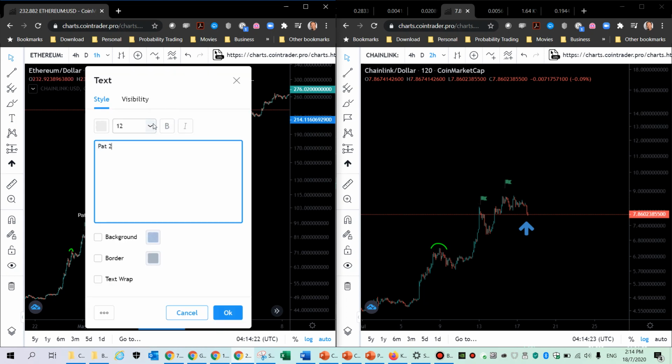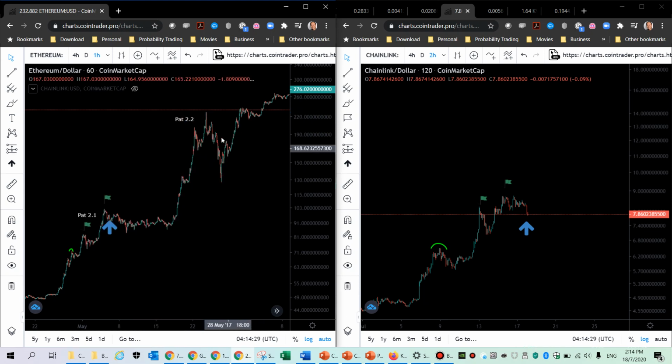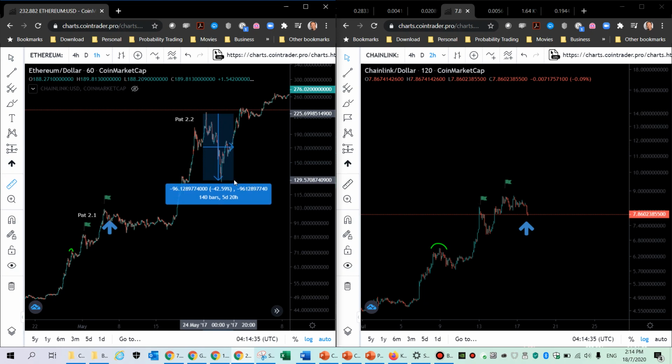But pattern 2.2, you would want to get out for sure, because there is a major correction coming down at 2.2, which happened those days last time in Ethereum. That's almost 42%. That's a lot of money, right? So 42% is a lot for pattern 2.2.